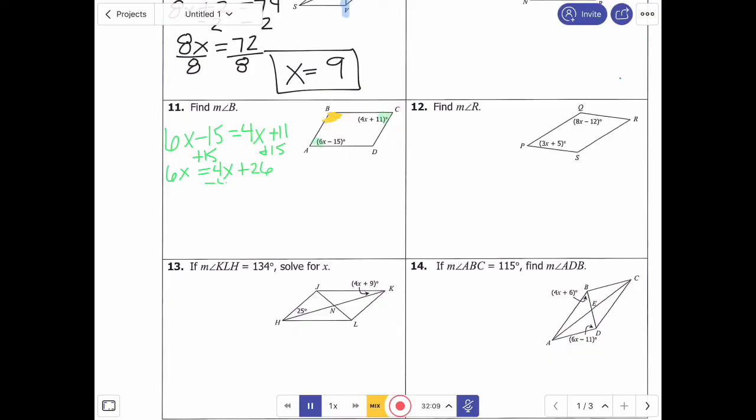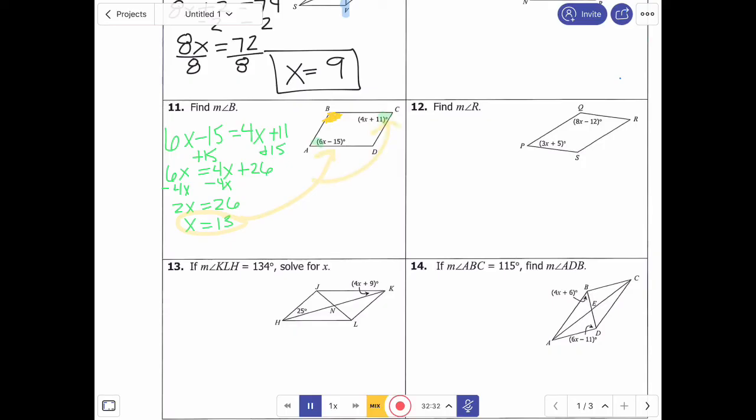Subtract 4x. And I get x equals 13. So knowing that x equals 13, I can now take what I know x to be and plug it in for angle A or angle C, either one.